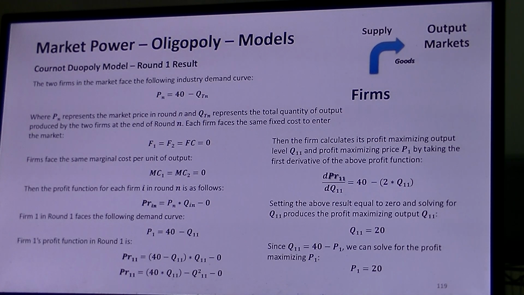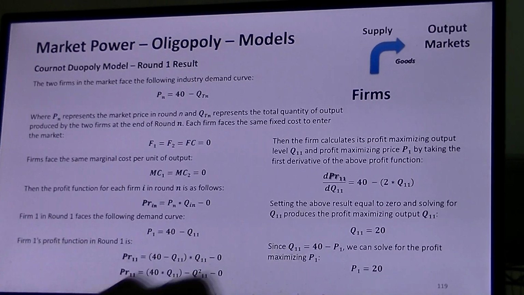So that's the firm's profit function. Then the firm calculates its profit maximizing output and its profit maximizing price by taking the first derivative of this profit function. We set that equal to 0, and that will tell us mathematically what the outcome is. The first derivative tells us how the profit changes.